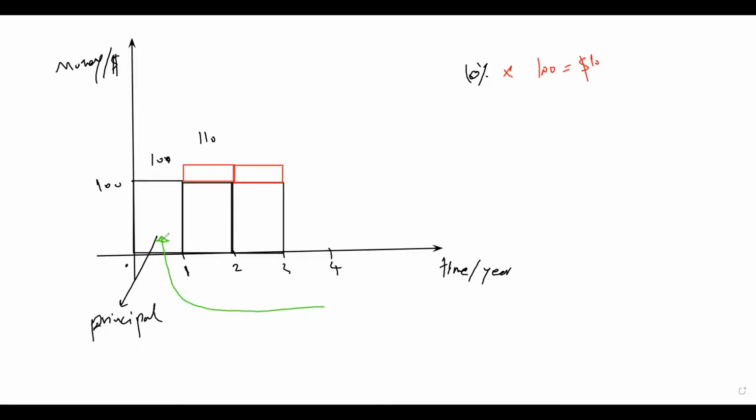So interest doesn't just count based on the principal, but it is also on the interest itself. So they calculate 10% of this money, which is 110, and they add it to the third year. So 10% of 110, that would be 11, right?